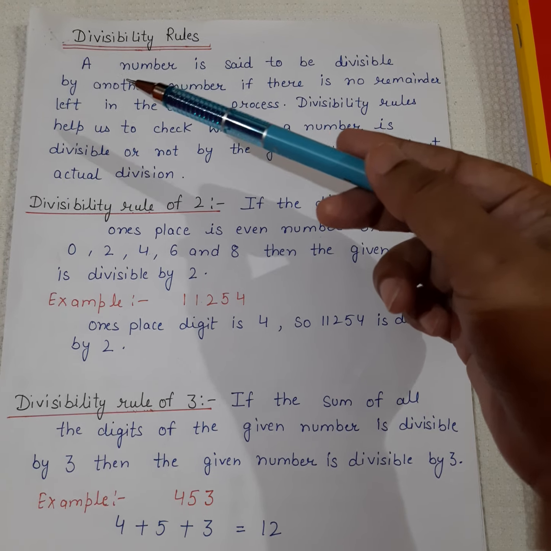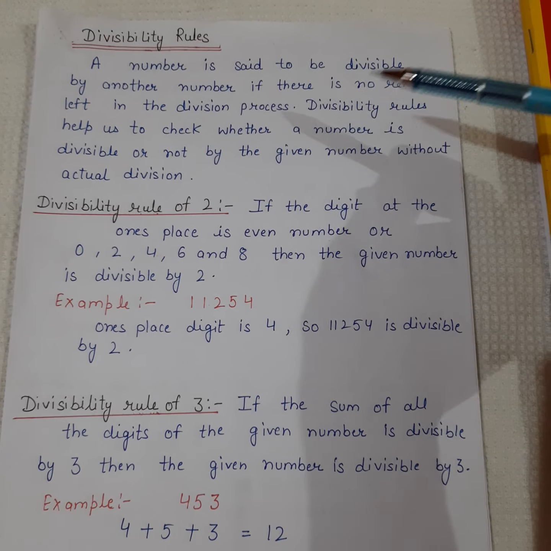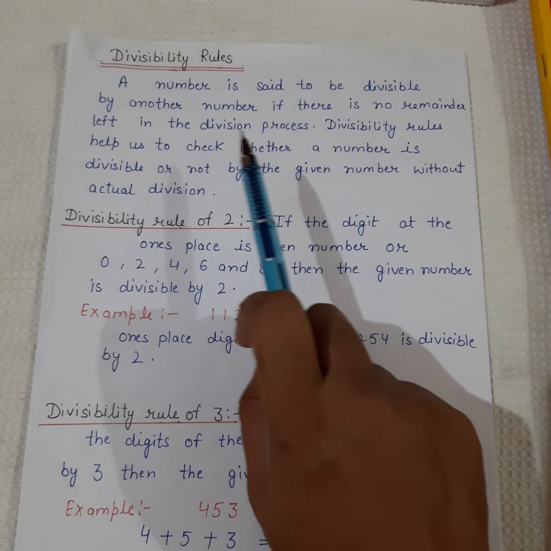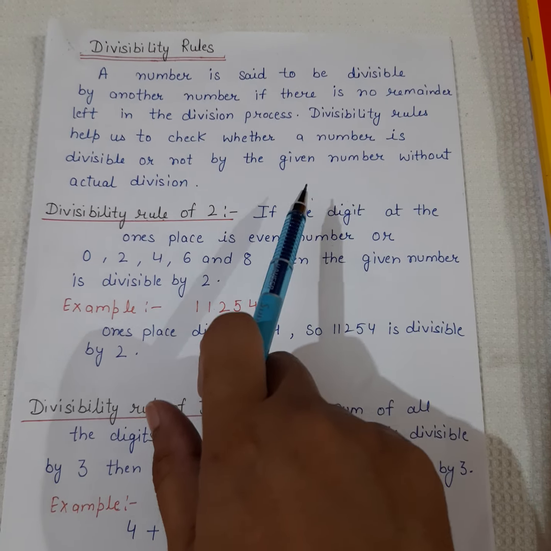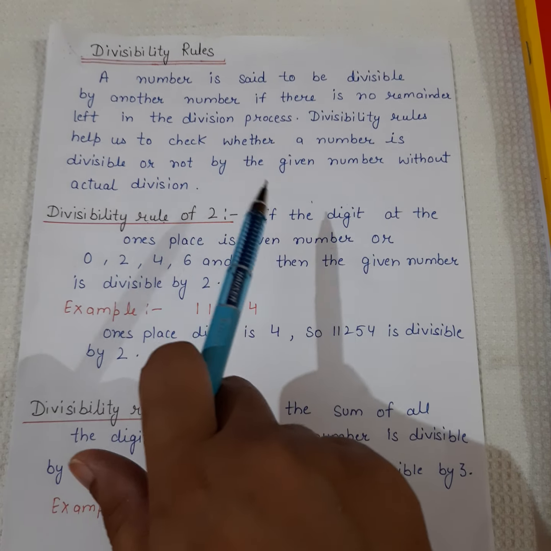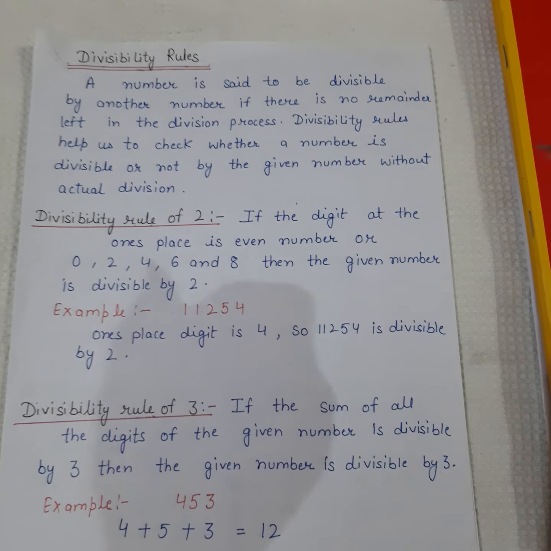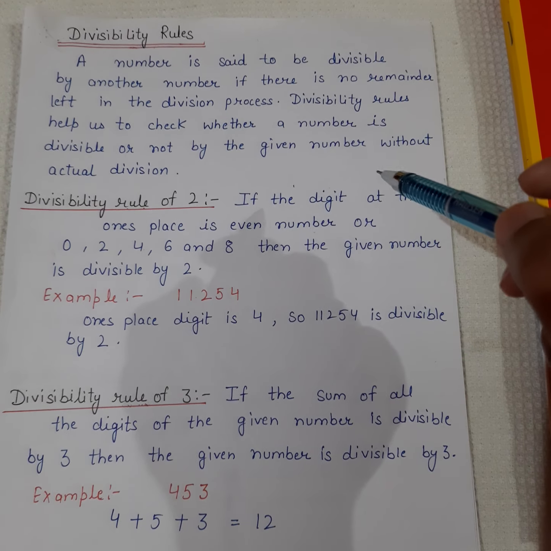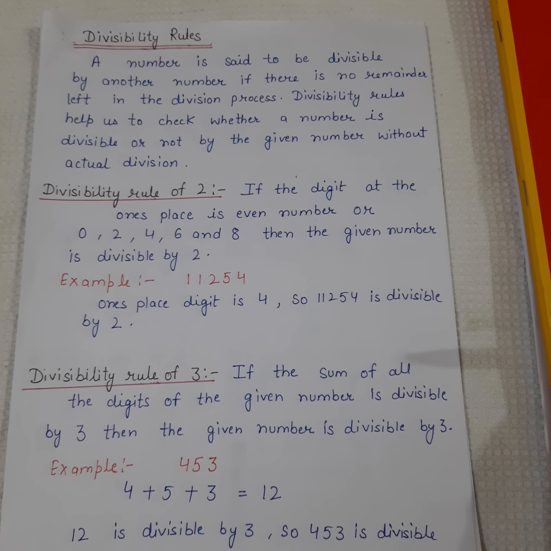A number is said to be divisible by another number if there is no remainder left in the division process, right? Divisibility rules help us check whether a number is divisible by the given number without actual division, right? So firstly we will see the number, then we will check with the divisibility rule, and only then can we tell whether the number is divisible by the given number or not.